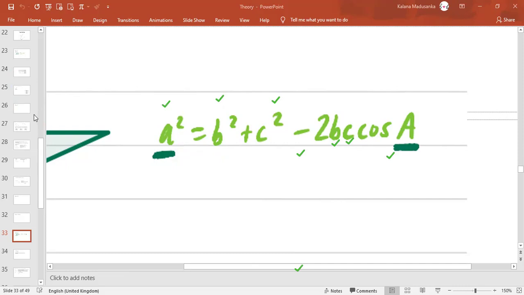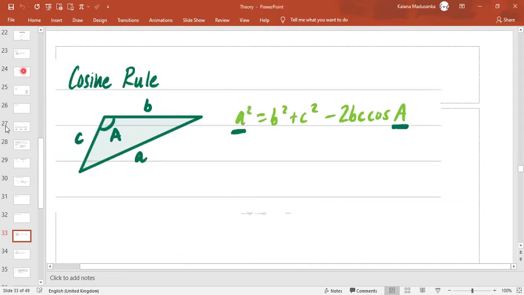So obviously there is actually a pattern in here. Can you see? If you need to find out the A value, the known values b and c have to be first of all squared, and they should be added with each other.